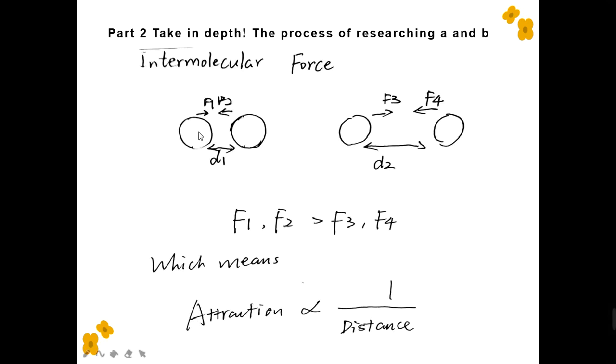For two molecules at distance d1, F1 and F2 are their intermolecular force. On the right, d2 is the molecules' distance, and F3, F4 is their attraction. F1, F2 is bigger than F3, F4 because this one has a longer distance, which means attraction is related to 1 divided by distance.